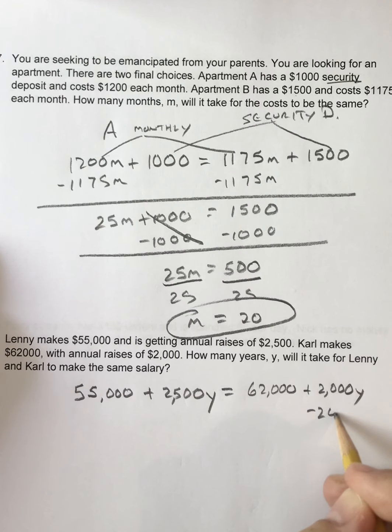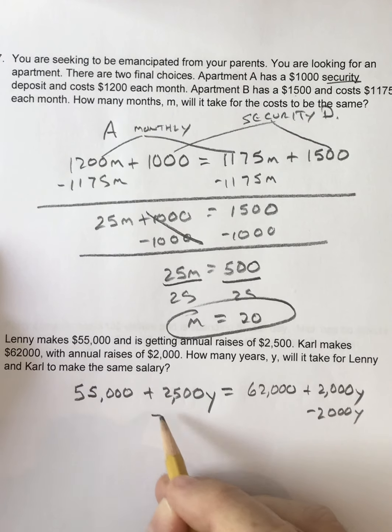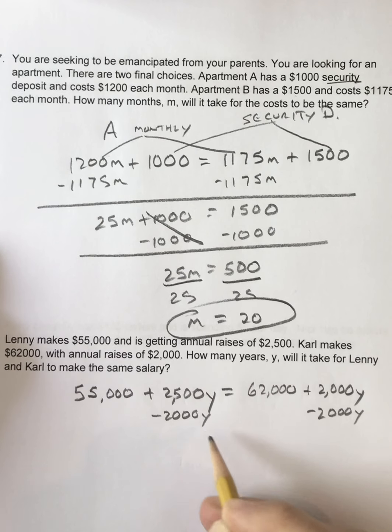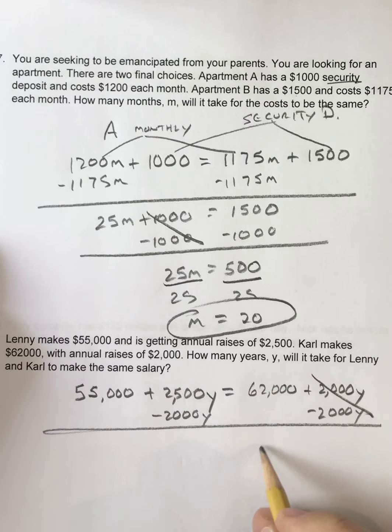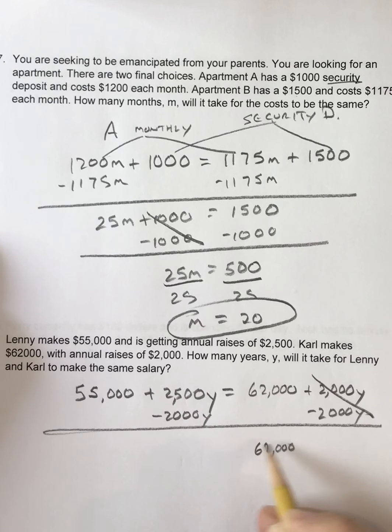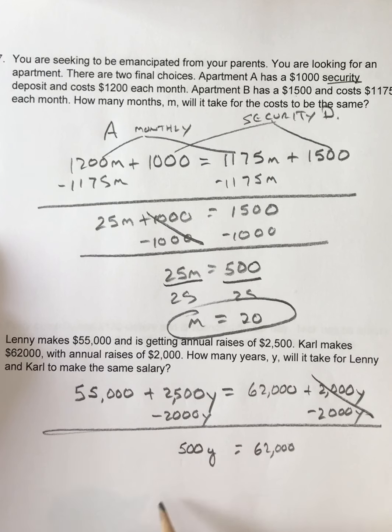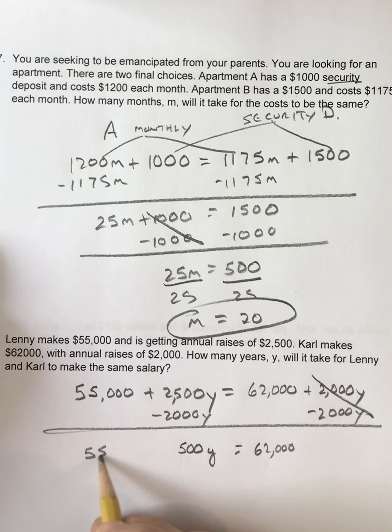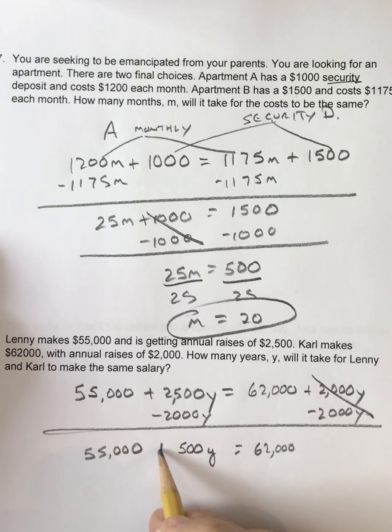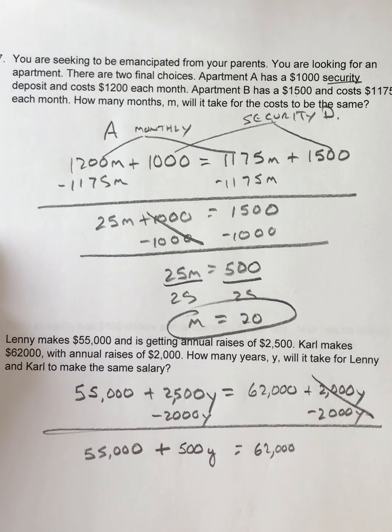So to solve, I'm going to subtract 2,000y. Cancels. I get 62,000 equals 500y plus 55,000. Okay.